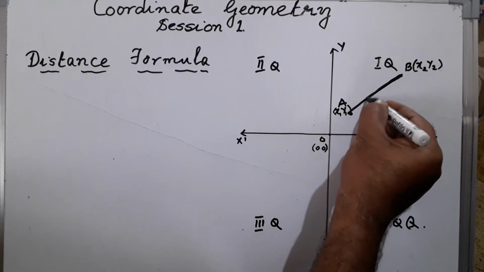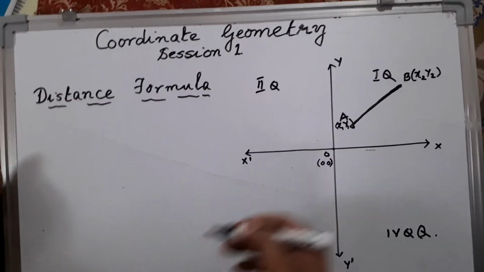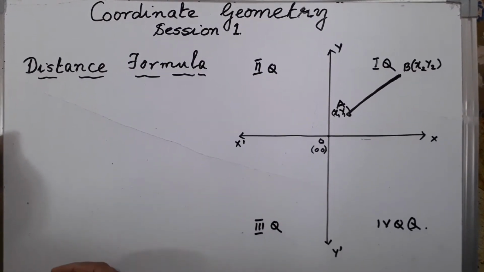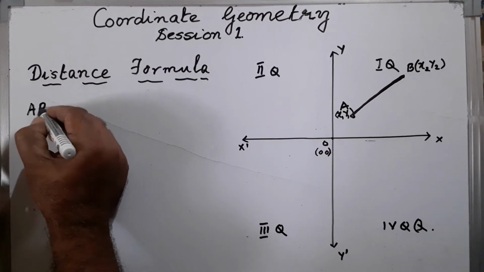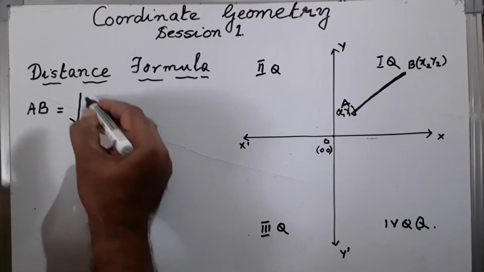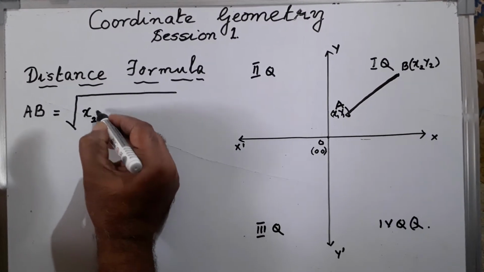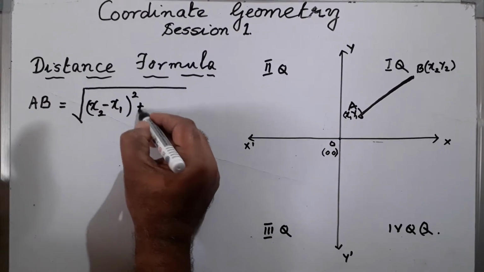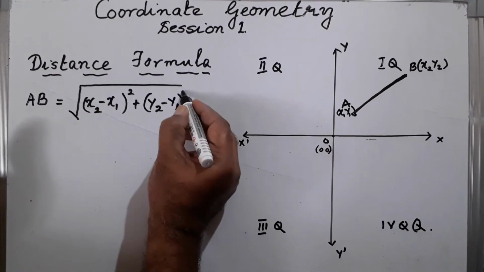I should find out the distance between the 2 points A and B. I am not going into detail to derive the formula, but I am writing the formula. The distance between the 2 points A and B is given by the formula square root of (x2 minus x1) whole square plus (y2 minus y1) whole square.